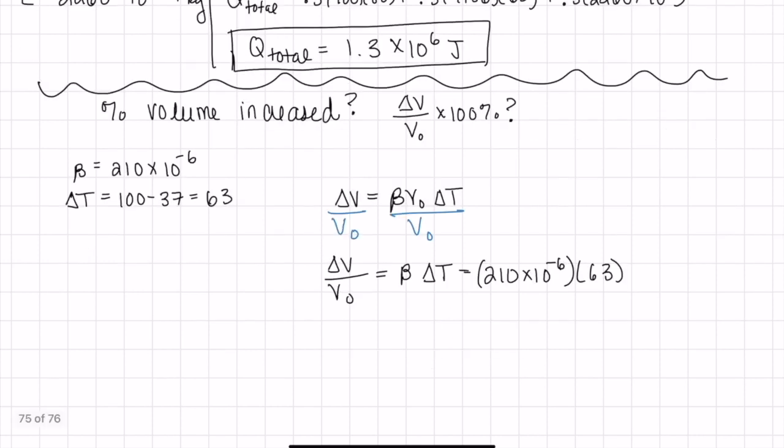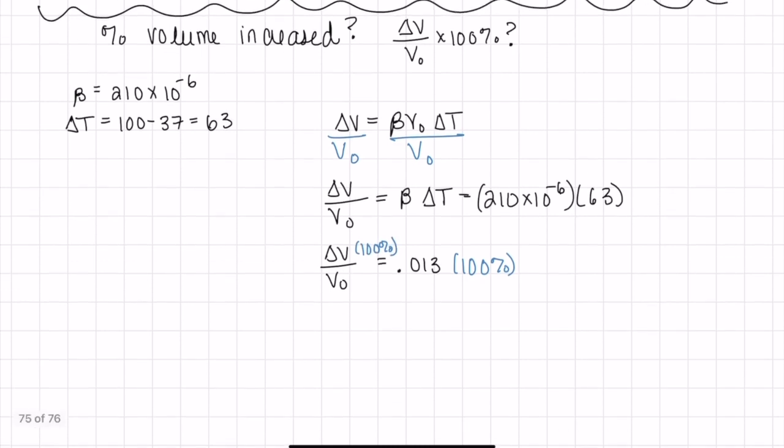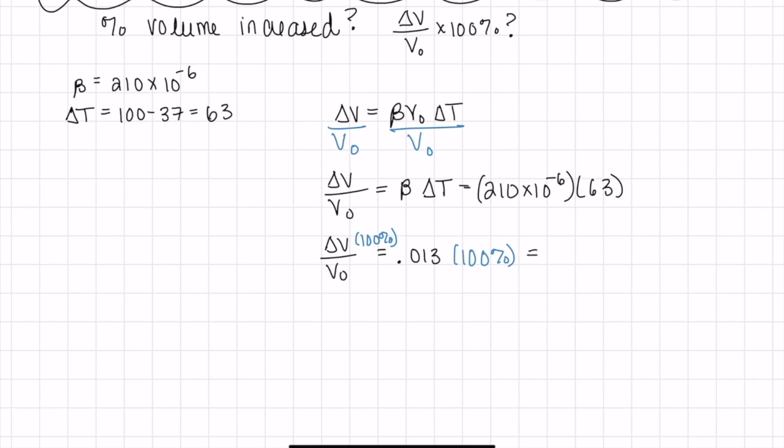That gives delta V over V0 equals 0.013. And now I'll throw in that times 100% on both sides. So we'll get our percent increase to be 1.3%.